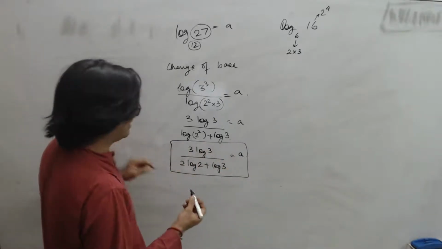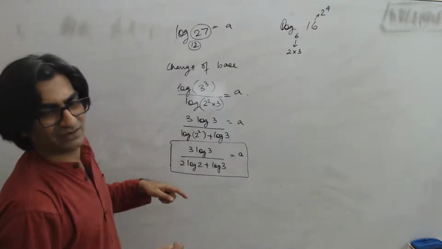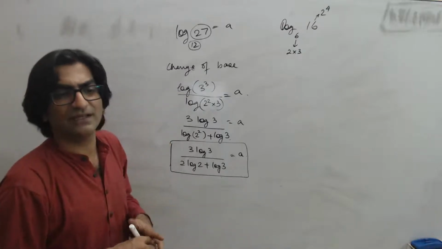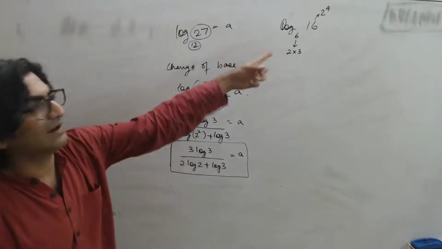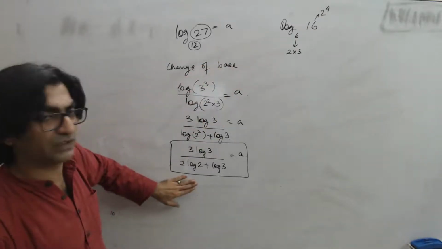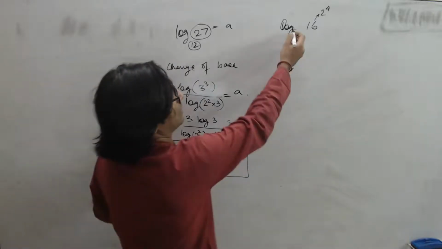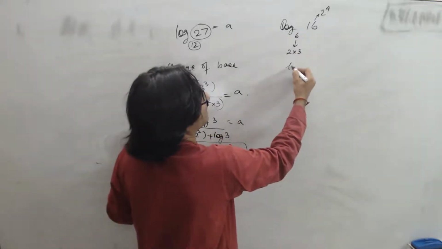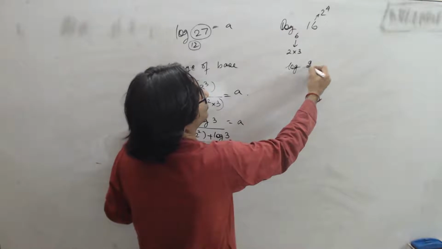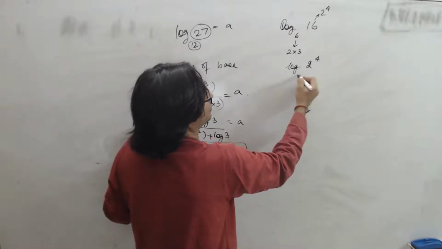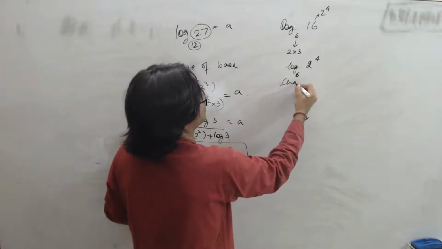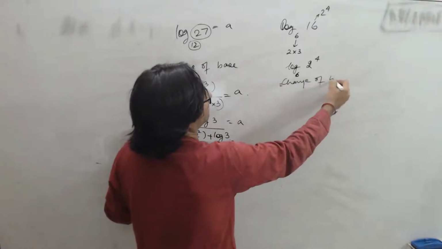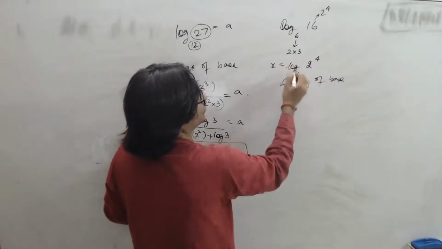Right? So I get an equation like this. Now clearly this equation is not very convenient. Incidentally, if you don't know how to work with this, then you can stop here, and understand from here what I will need to do with this expression, right? So let's come back here and we'll say, okay, this is log of 2 power 4 in the base of 6. So if I apply change of base here, let's say this is x, you want the value of x.